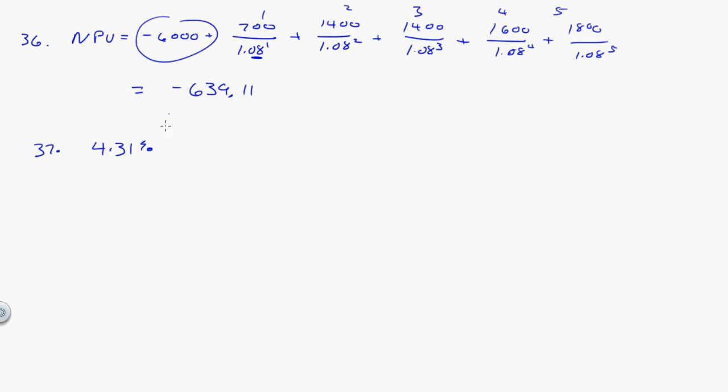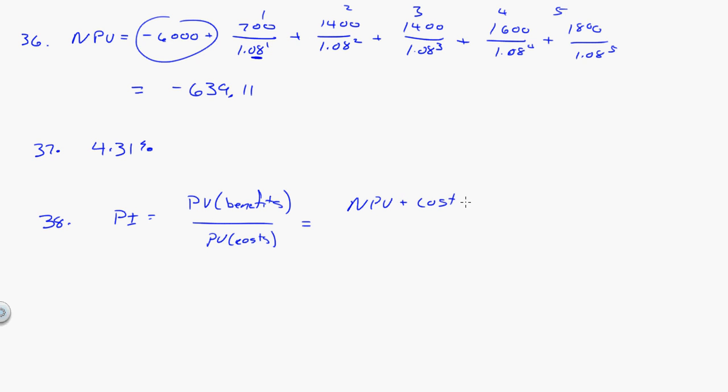If it comes out to be error 5, that probably means you put this in as a positive and not as a negative. Then 38 was a profitability index. The profitability index is the present value of the benefits divided by the present value of the cost. Another way to think about that is it's the net present value plus the cost divided by the cost.